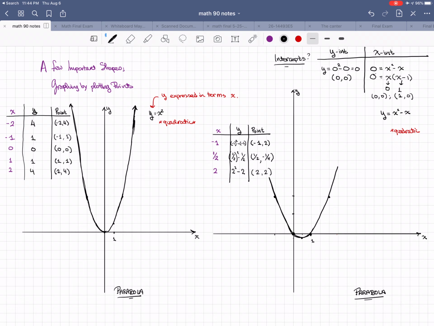And again, we should make it clear that this graph goes on forever. My graph bumps into my little chart there, so I'm going to stop it there and then put an arrow on it to indicate it keeps going.